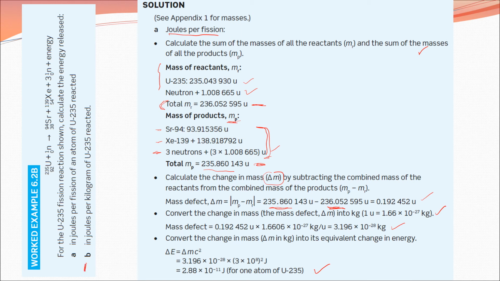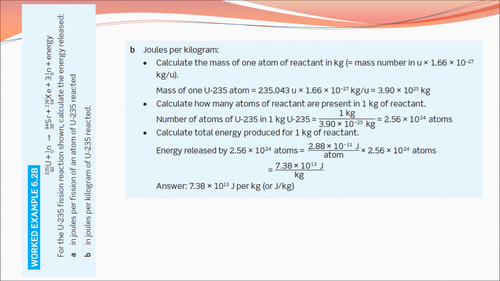Now we've got to look at the next one, joules per kilogram. So that's the right hand side of the previous guide that told you how to work these out. So calculate the mass of one atom of reactant in kilograms. Okay, mass number in u times that conversion factor.